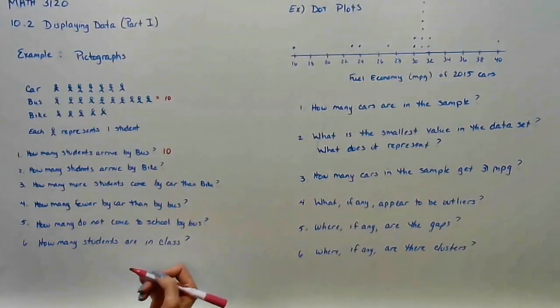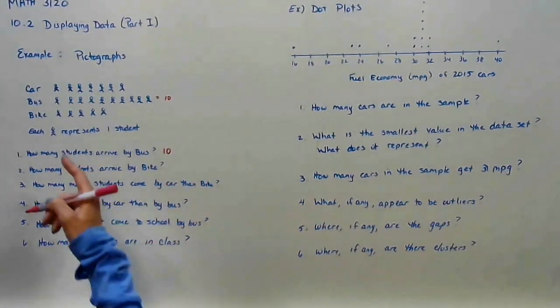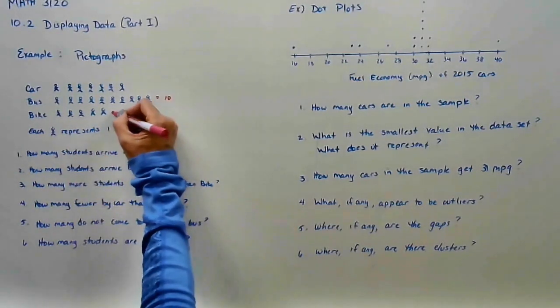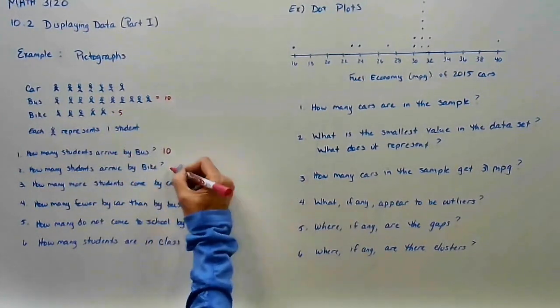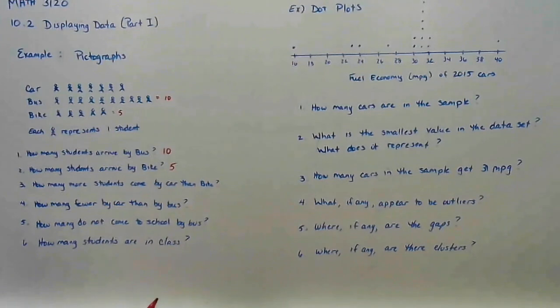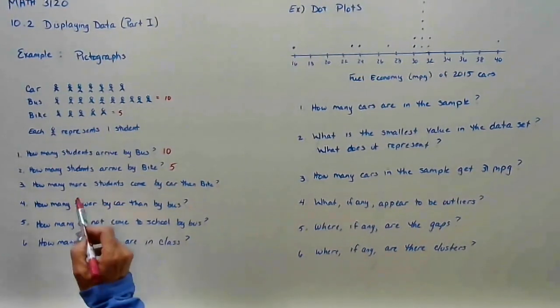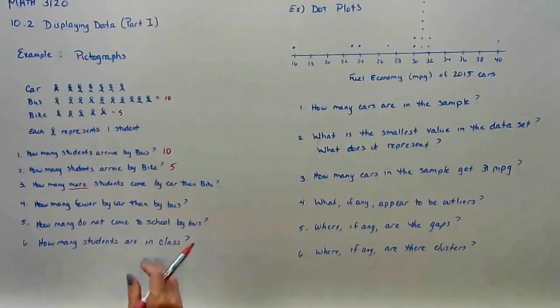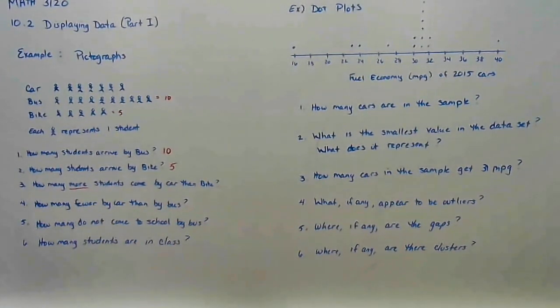How many students arrived by using a bicycle? Well, for bicycle, we have a total of 5. How many more students? Now the students have to compare. They've got to know the difference between more or less. How many more students come by car than by bike?